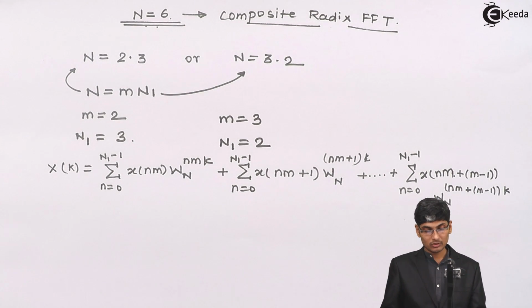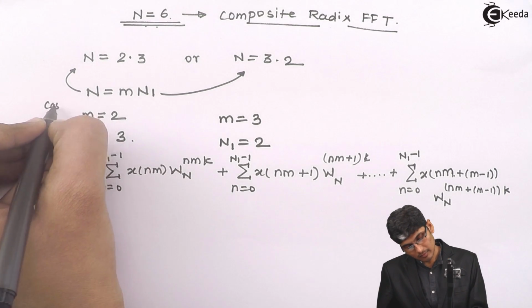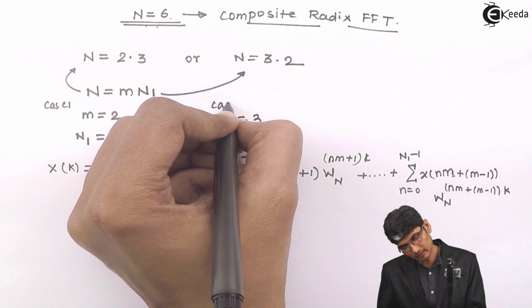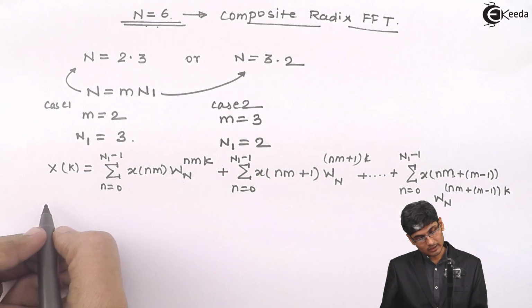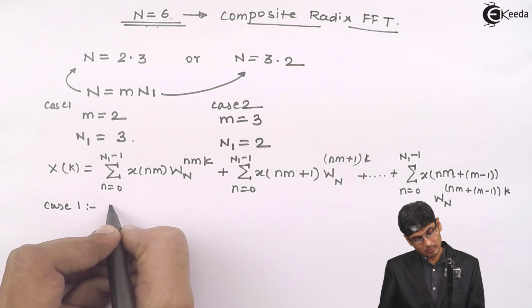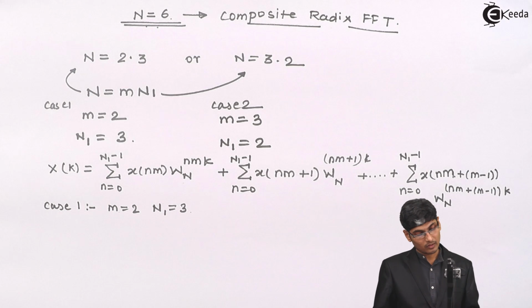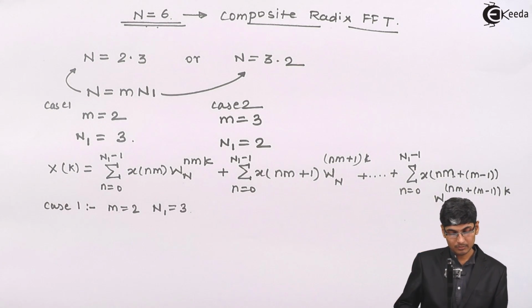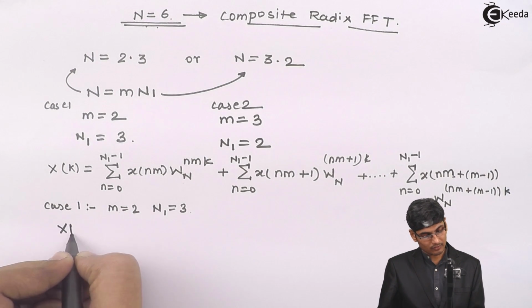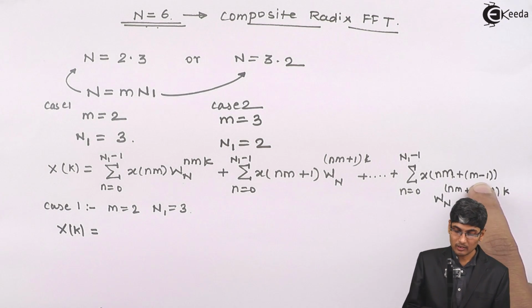Okay. So now let us say this is my case 1 and this is my case 2. Let's consider case 1 where m is equal to 2 and N1 equals 3. In this case my formula will be X of k. Now the final value is m minus 1.